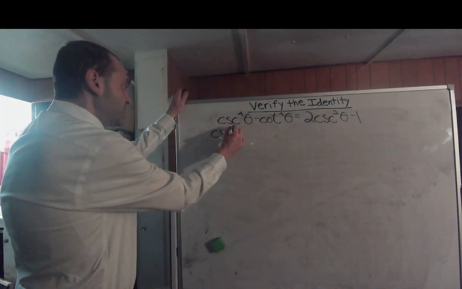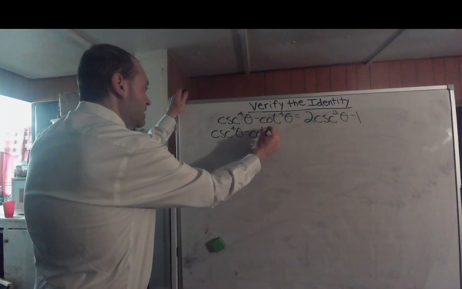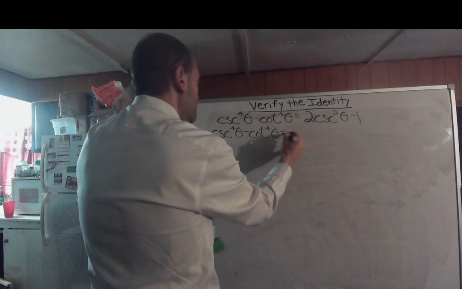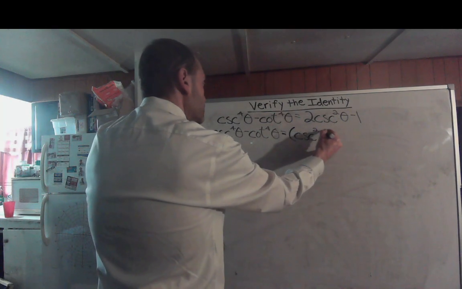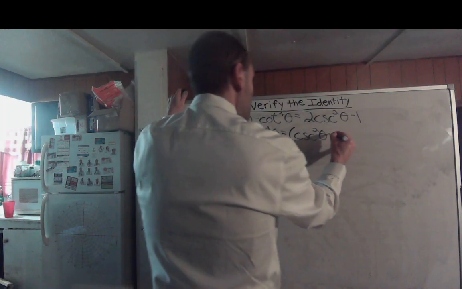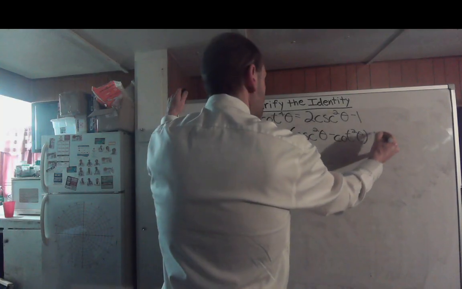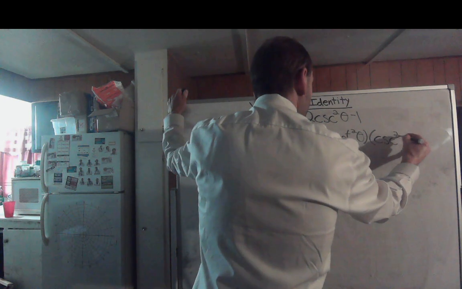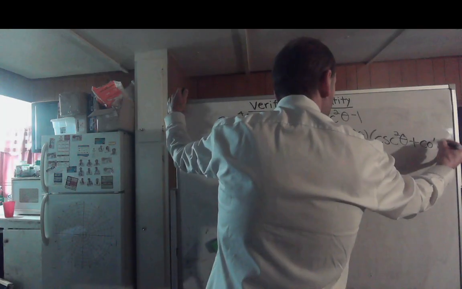So cosecant 4 of theta minus cotangent 4 of theta. Well, that's a difference of 2 squares. This would turn into the quantity of the cosecant squared of theta minus the cotangent squared of theta times the quantity of the cosecant squared of theta plus the cotangent squared of theta.